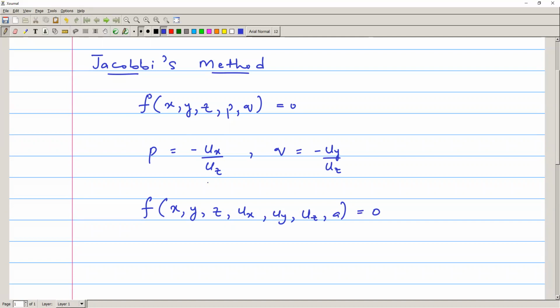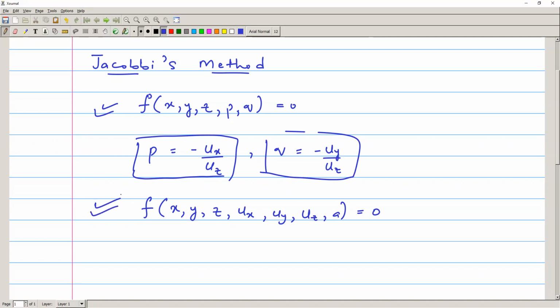So the PDE from this form will be transformed by using this transformation into this form.